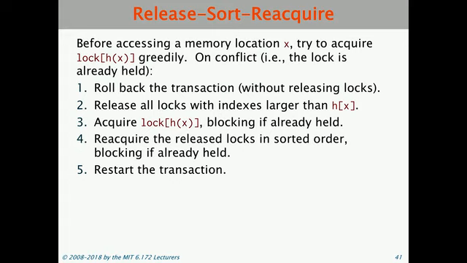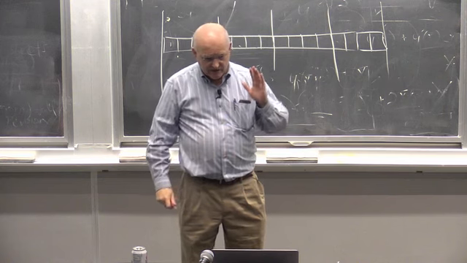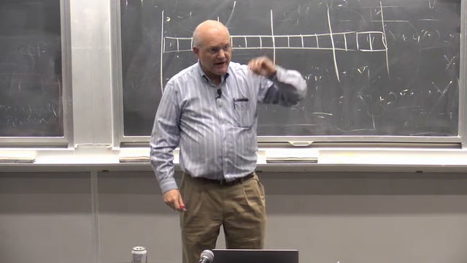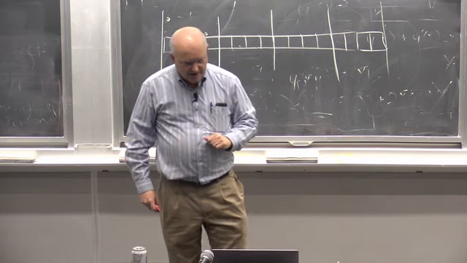But each time that I restart, I have one more lock that I didn't have before I restarted my transaction, which I've acquired in linear order in that ownership array from 0 to n minus 1. Okay? And so here's the algorithm.